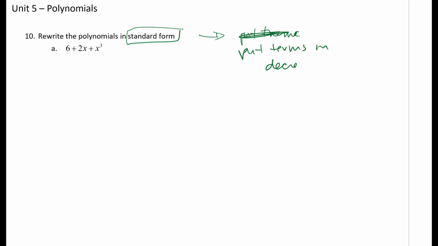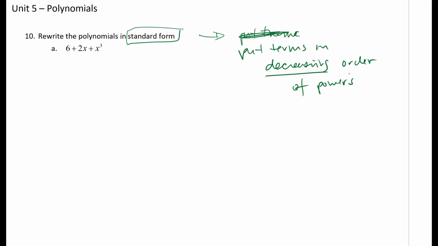You can check the answer key. And then lastly, for number 10 here, you're just rewriting polynomials in standard form. This just means put the terms in decreasing order of powers.